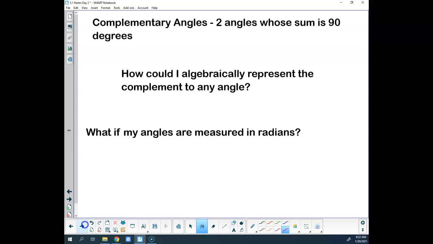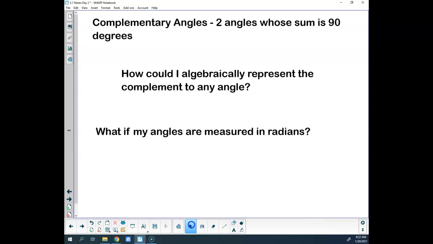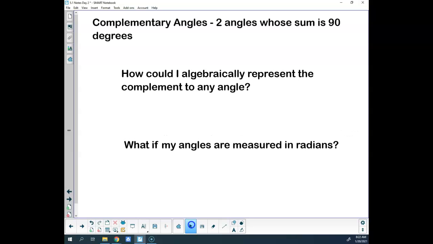If we wanted to represent those complementary angles algebraically, we would have our original angle theta, in degrees, and we add to it another angle in degrees, and the sum there would be 90.